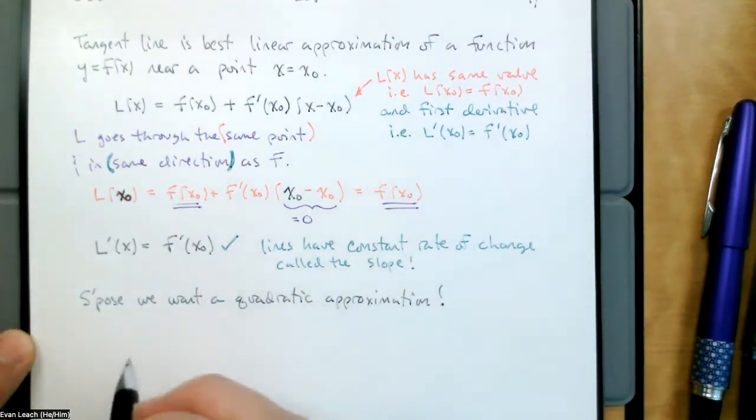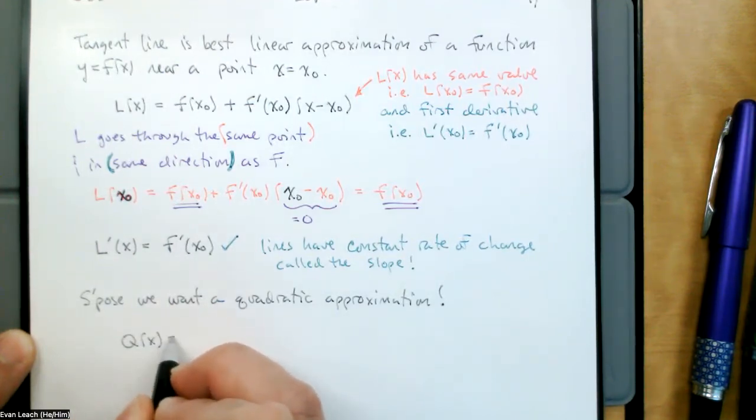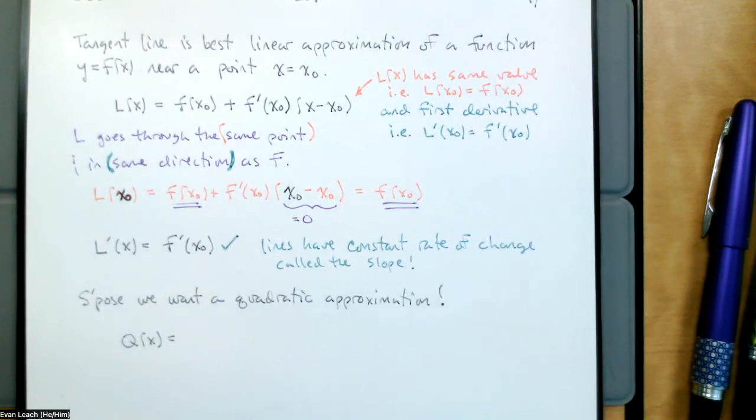I'm going to call it q of x because I don't really have a lot of creativity. So we want this quadratic approximation to agree with the function in value, in first derivative, and in second derivative. It's the same requirements that we want for our tangent line. Just add second derivative as well.